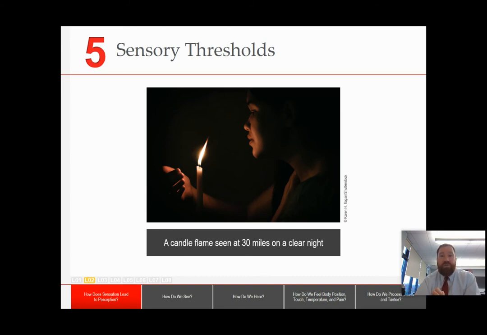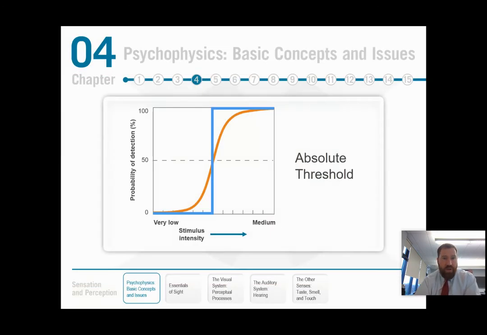So generally speaking, absolute thresholds apply across the board to all humans, but individuals can have different responses. So let's take a look at that. There are some people who can detect that candle at, instead of 30 miles, maybe 35 miles. They have a much lower absolute threshold than the general population.